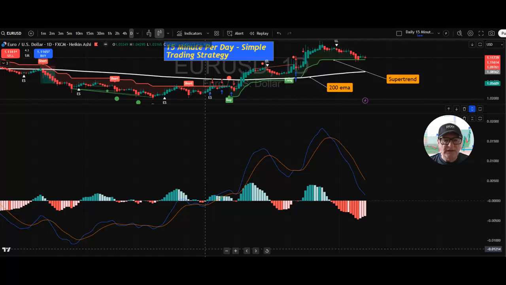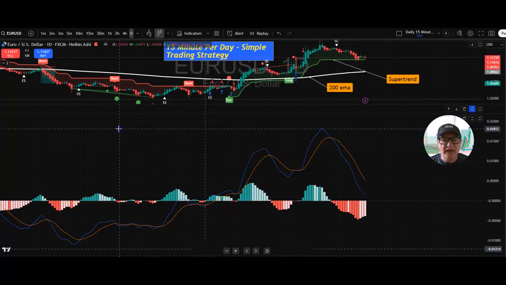Whenever the blue line and the red line move above the waterline, the watermark, the zero line as it's known, then we can think that the strategy is going long. And whenever the signal lines are below the waterline, we can think that the price is going to go down. That's the strategy. So that's the first thing.